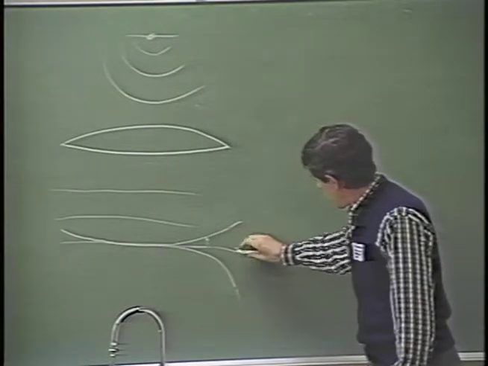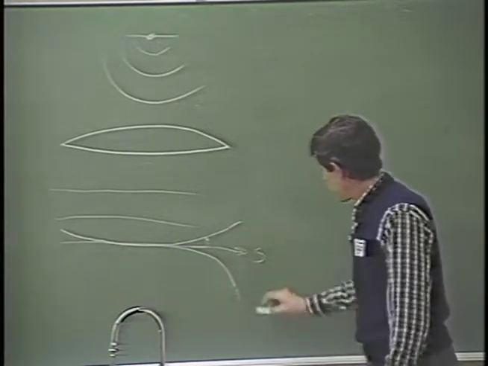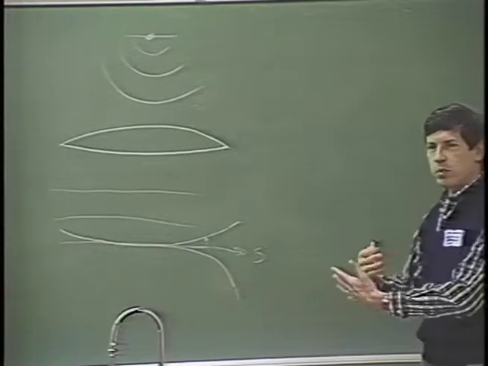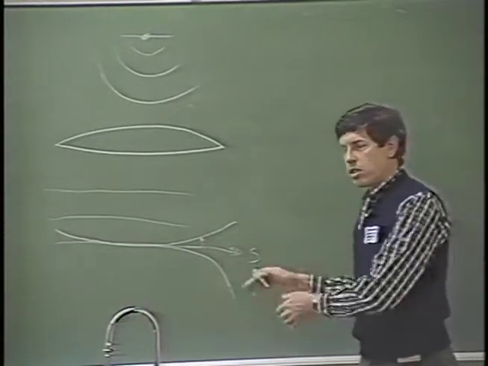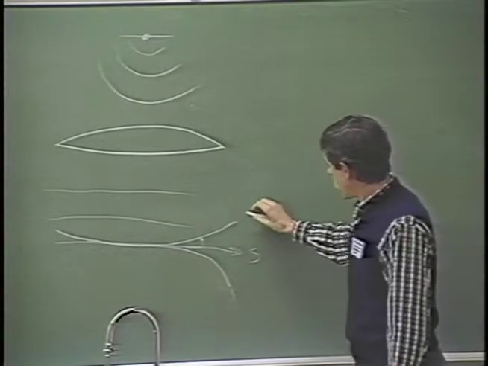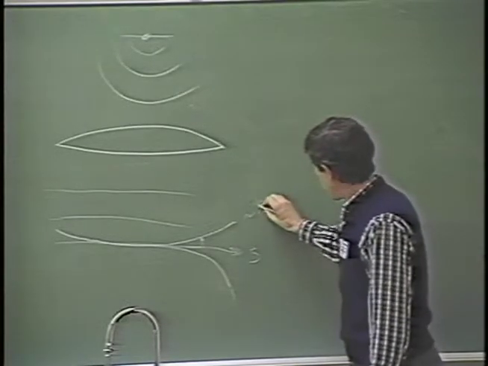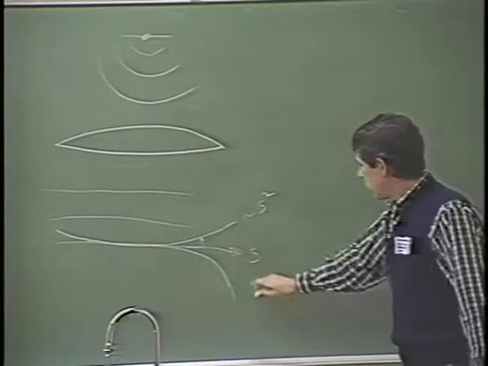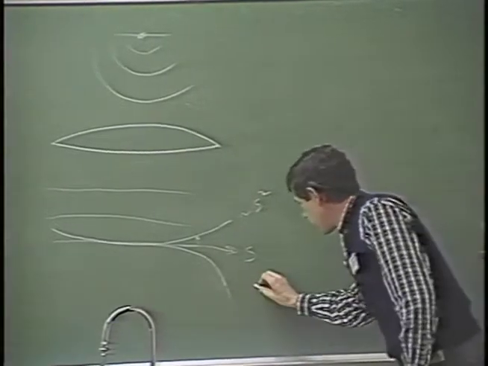If this coordinate here we call S, which corresponds to the spacing between details in the image, so this is a spatial frequency. This phase shift here from defocus goes as S squared. This phase shift due to spherical aberration goes as S to the fourth.